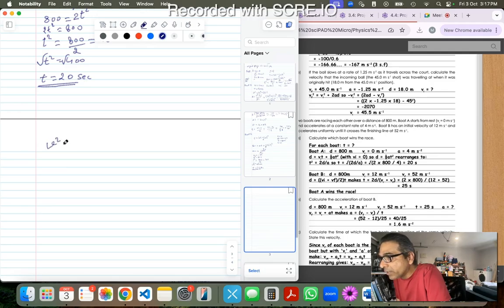v square equals u square plus 2as. Now we have three subjects that we can sort out: one is u, one is a, and one is s.